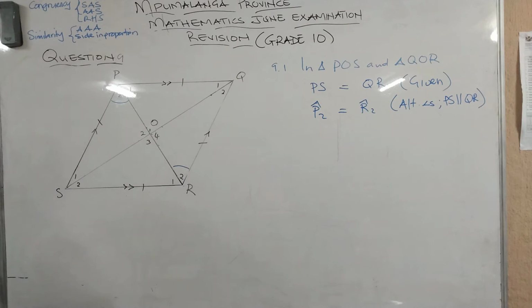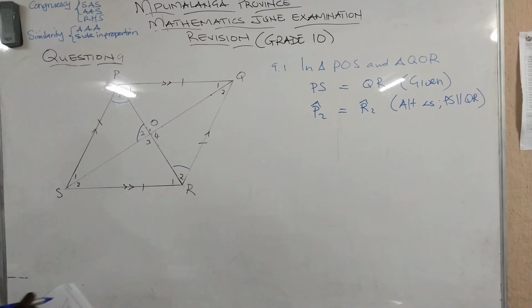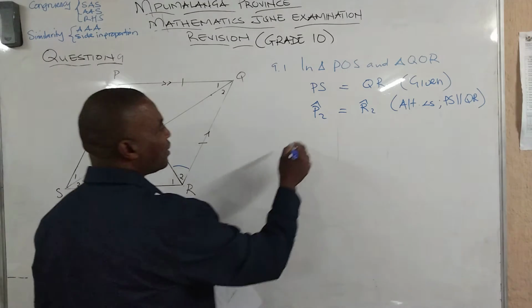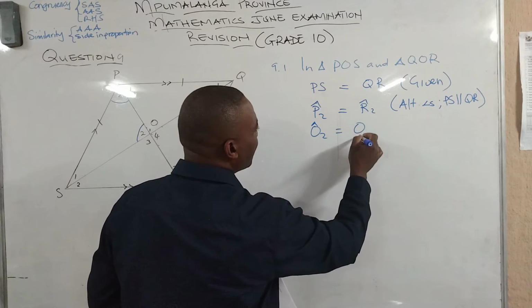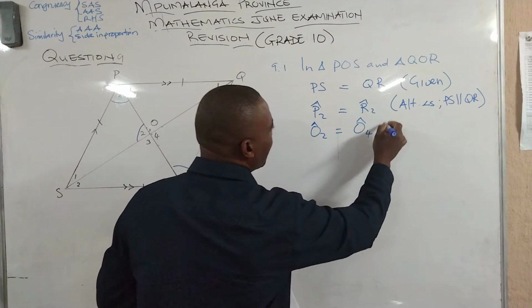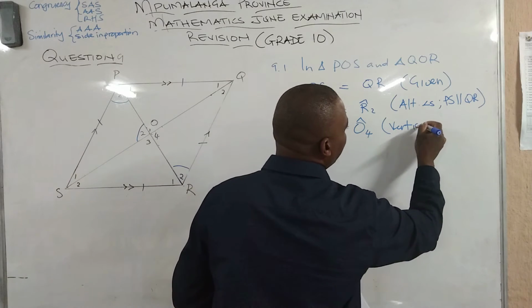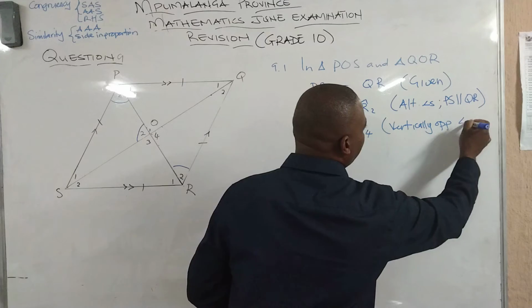Then we can also say angle O2 and angle O4 are vertically opposite angles.